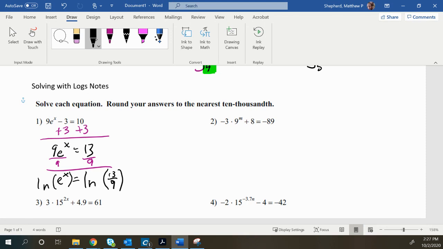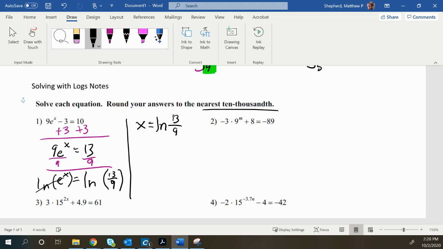It's called the natural log. So I'm going to take that of both sides. Now, the natural log of anything with a base e is going to leave us with x. So x is equal to the natural log of 13/9.